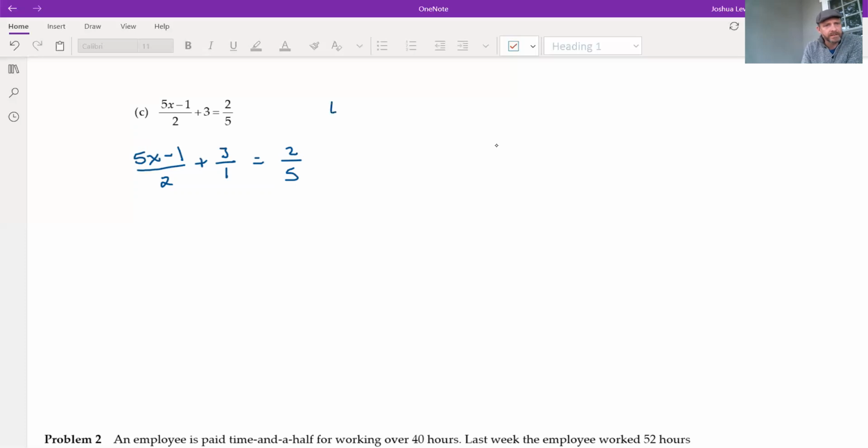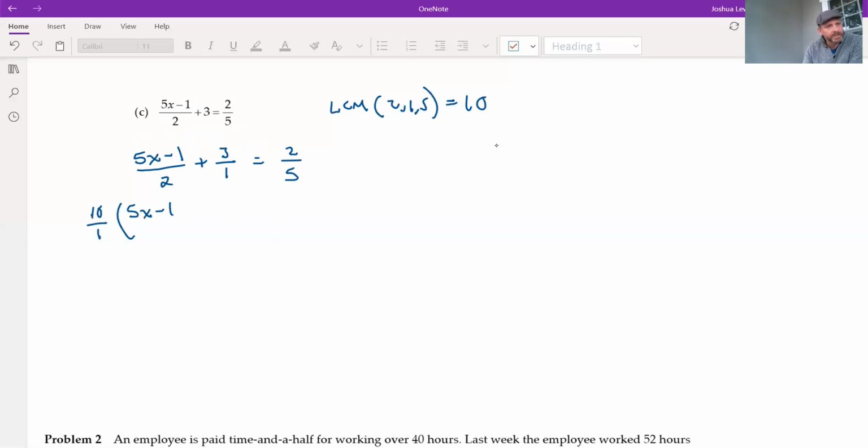Now, the LCM, the least common multiple of 2, 1, and 5 is what? Well, it's 10, right? Actually, I think I might have called that 10 and not 5. Sorry about that. I'm just thinking ahead. So we have 3 denominators, 2, 1, and 5. All 3 of those denominators go into 10. So I'm going to multiply every term by 10.